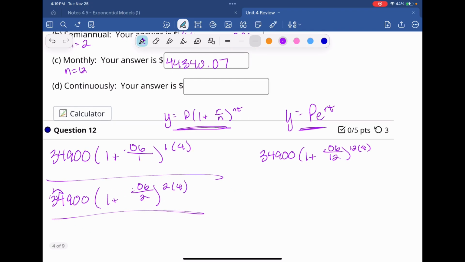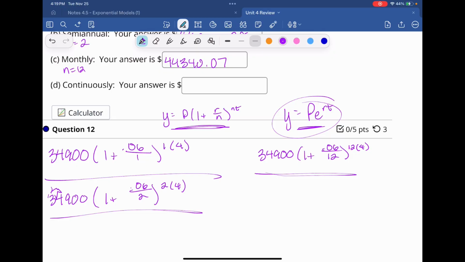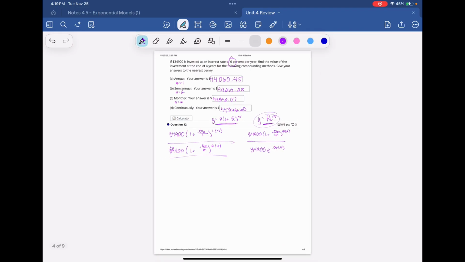And then continuously is this one. So you just need the right formulas for each of those.